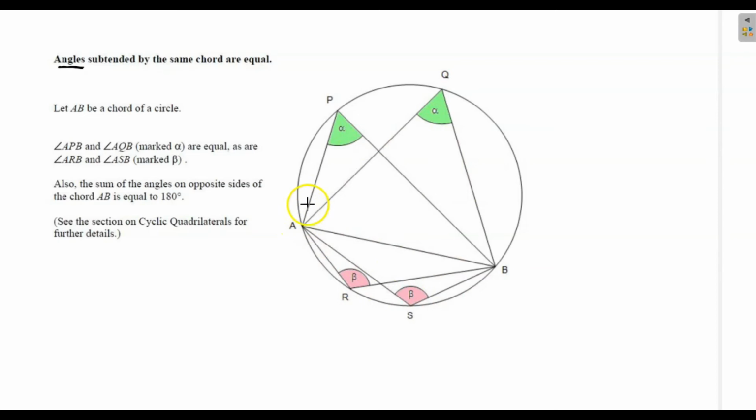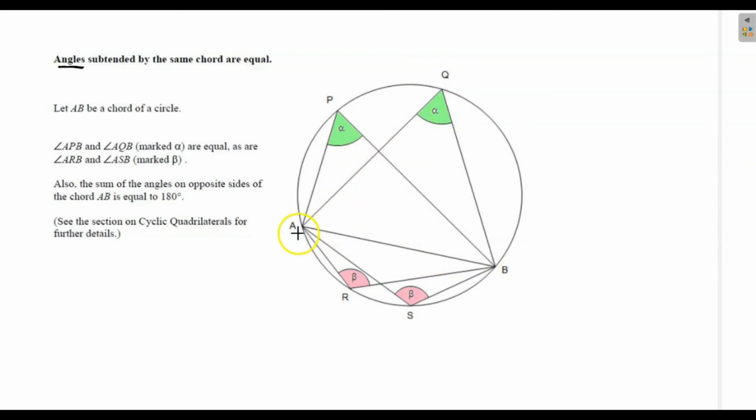So if I form any angle on the circumference of the circle within the major segment, each of the angles formed subtending on the same chord or the same points, they are said to be equal. So we say angle APB, which is labeled alpha, is equal to angle AQB for the fact that they subtend on the same chord or the same points.